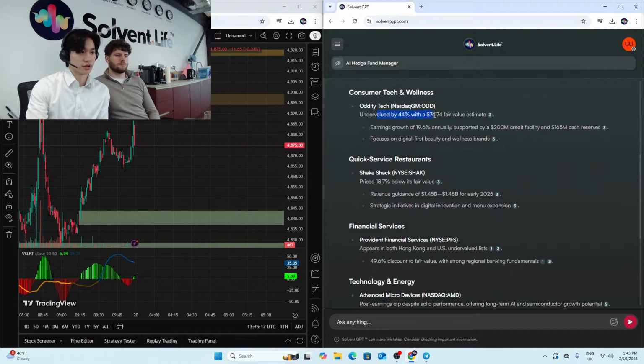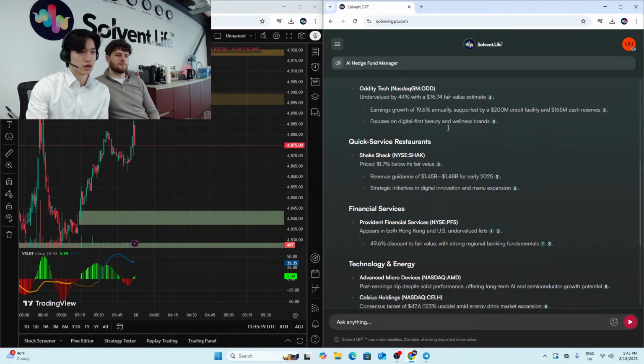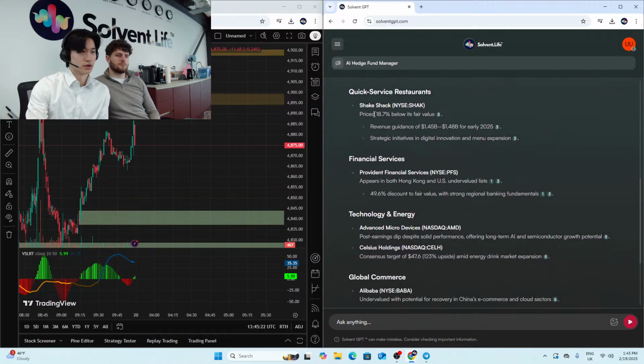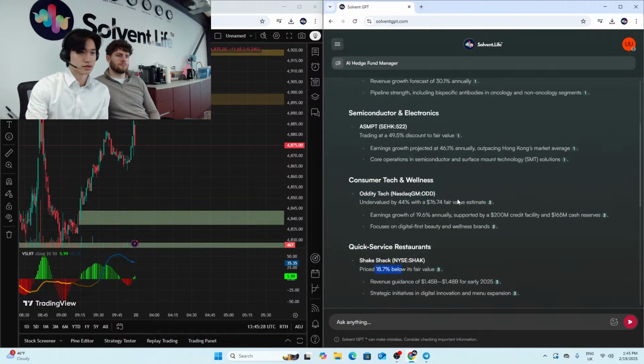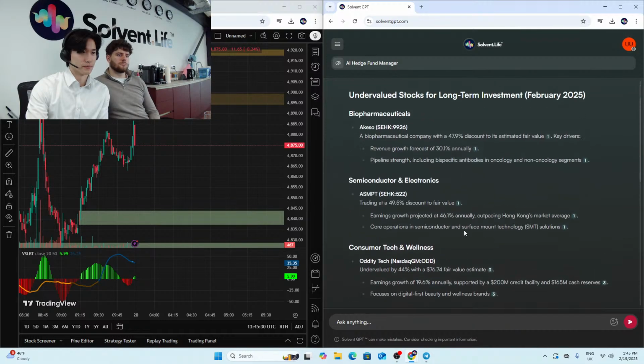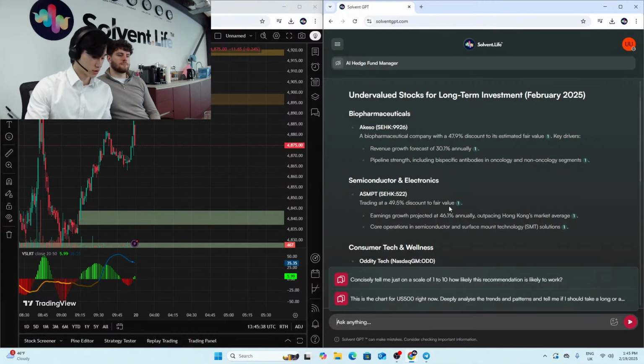Here we have undervalued at 44%. Another one, 18% below its fair value. I mean, these are pretty significant margins. So let's have a look at this first one here, because that's almost 50% discount on its stock.